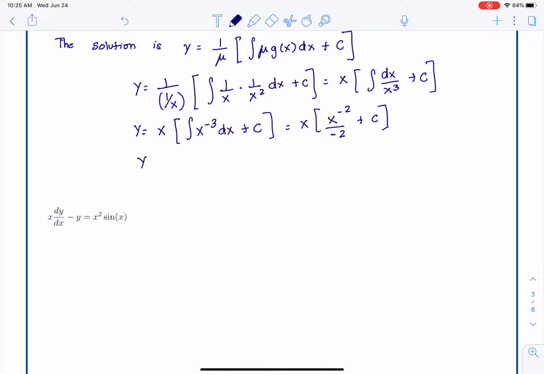So we will have y equal to x times x raised to negative 2 over negative 2 plus c times x, which would give us x raised to negative 1 over negative 2 plus c times x. And I could write that as minus 1 over 2x plus cx.